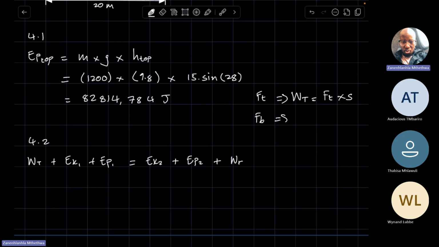And if the object is braking, we instead consider the work done by the braking force, which will then be equal to Fb times s.